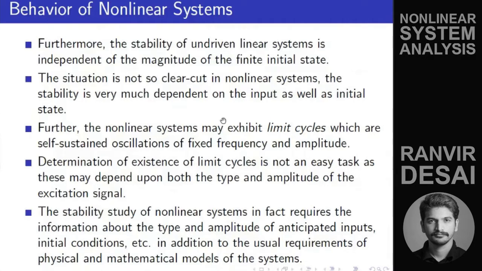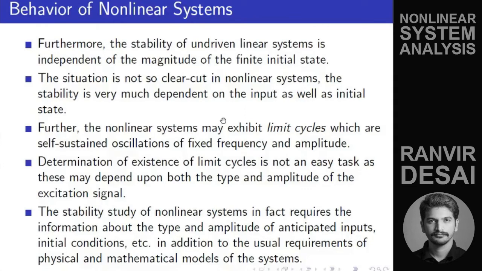Furthermore, undriven or autonomous systems, that is, no input systems, depend on the initial conditions. We will not go deep into that. What are the different conditions, like input, no input, initial condition, no initial condition? If it depends on the various initial conditions, then the system is stable or not.